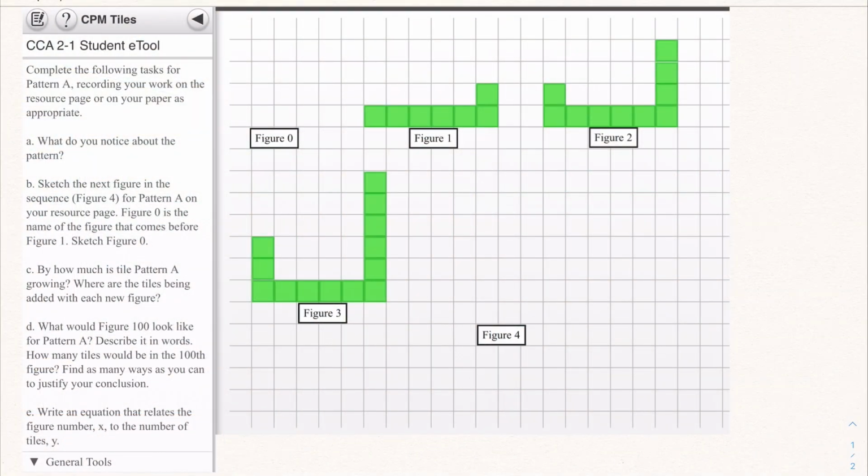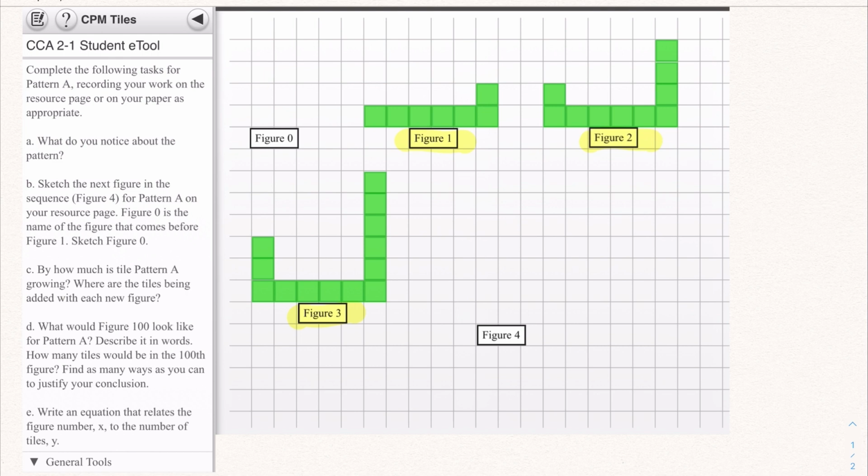If we take a look here, we see that there's a figure 1, a figure 2, and a figure 3. Taking a look at this, it looks like I've got one long side at the bottom that's staying put, and then it looks like we're just adding tiles on the left and the right side. So what do I notice when I look at the pattern?